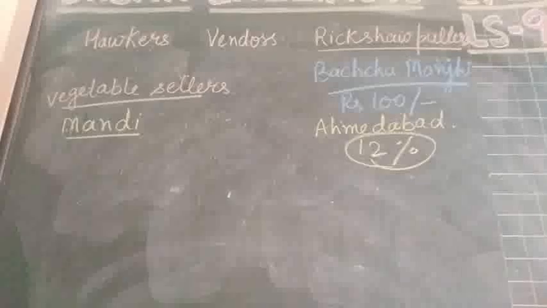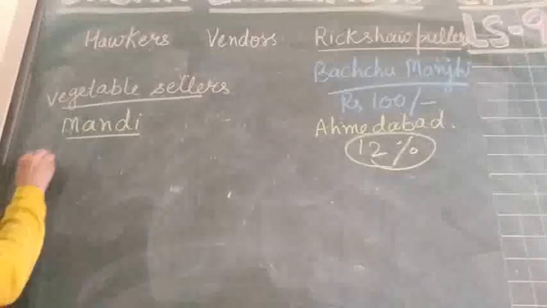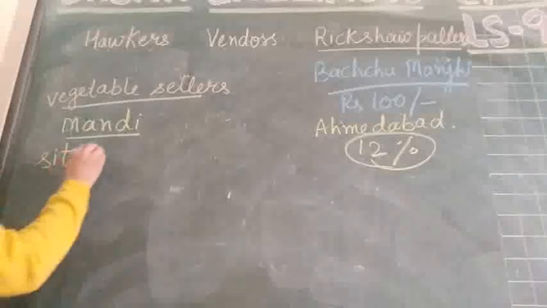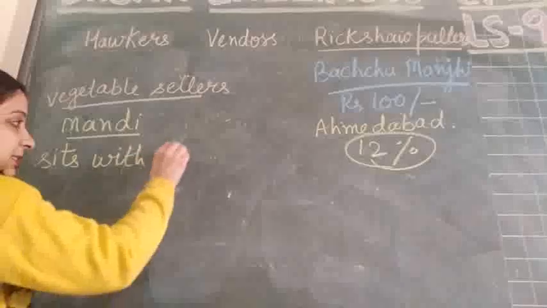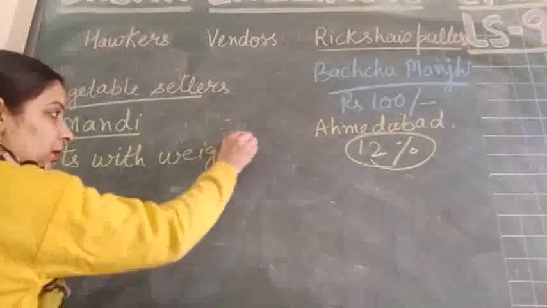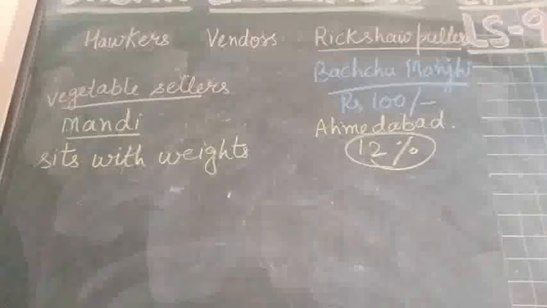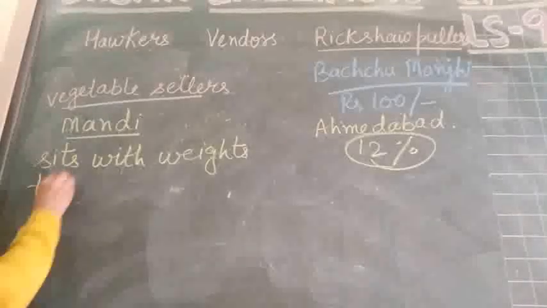He brings the vegetables, cleans them with water and arranges different vegetables like tomatoes, carrots, cauliflowers, cucumbers in baskets at the stall so that people can see what vegetables are available. He sits in the stall with weights and a money box and waits for the customer. He has to tell the price of each vegetable.